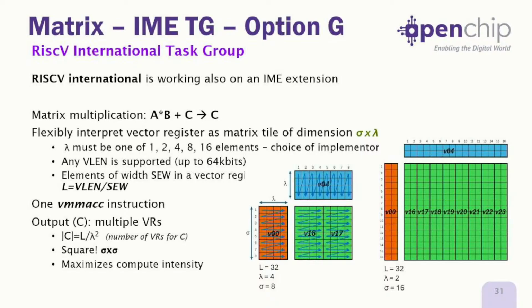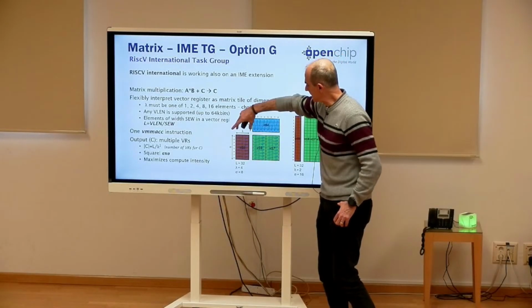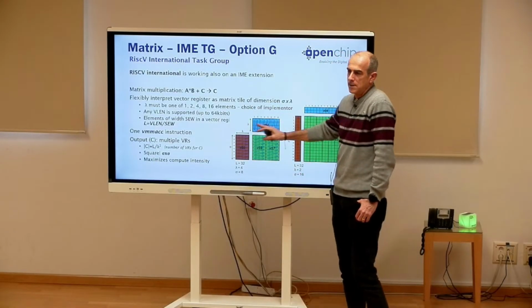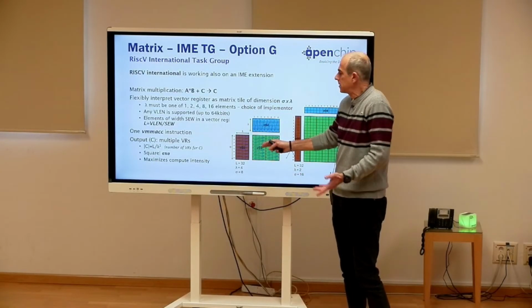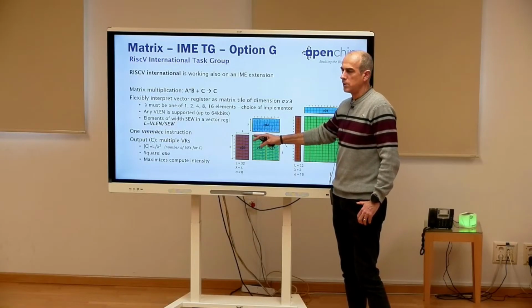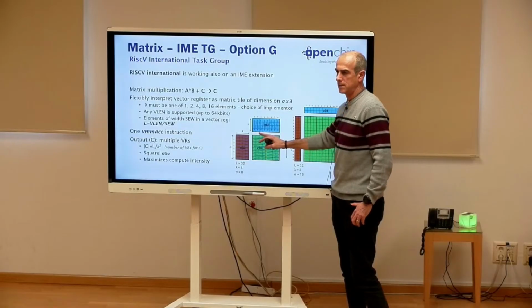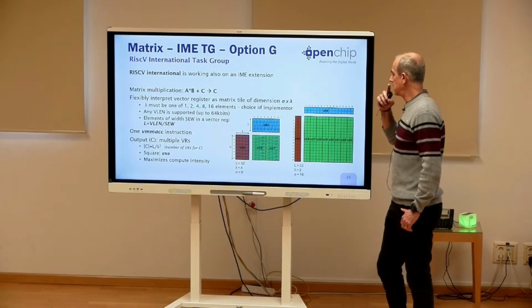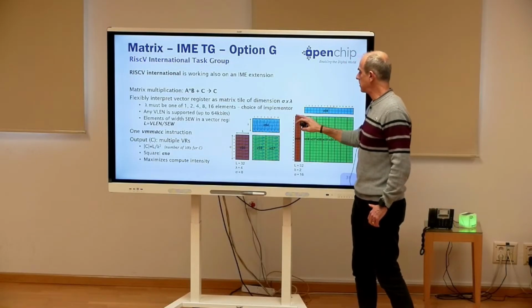In this case, your hardware will specify just this parameter lambda, which is the size of these sides. For example, your hardware could choose this kind of lambda and put in as many computation units as needed to do this kind of multiplication. But some other company could decide to choose lambda equal 2.